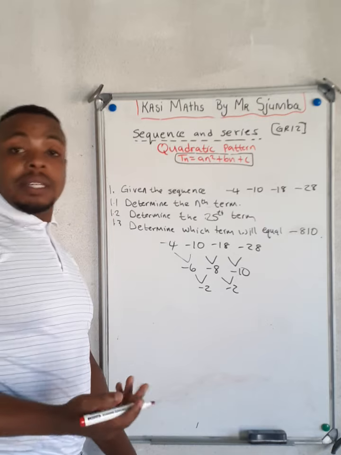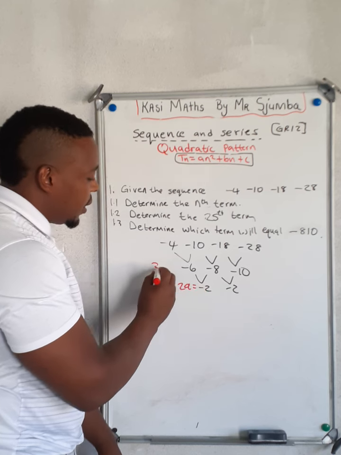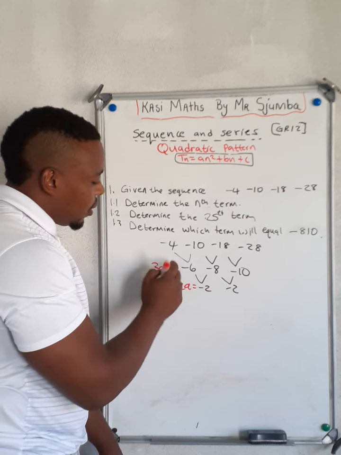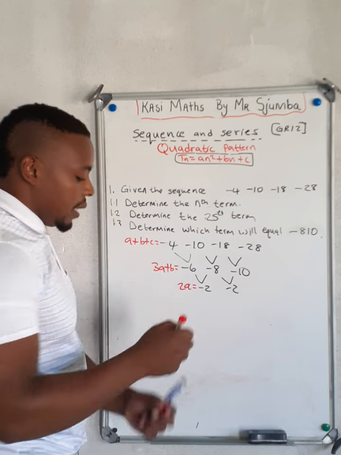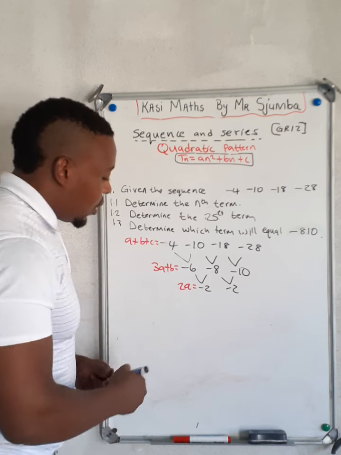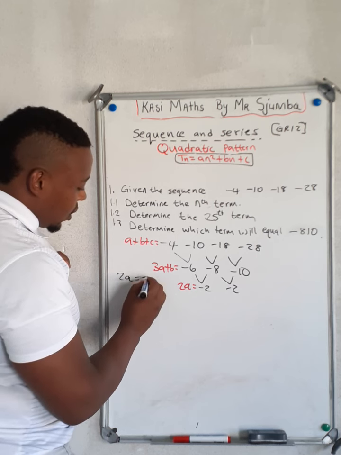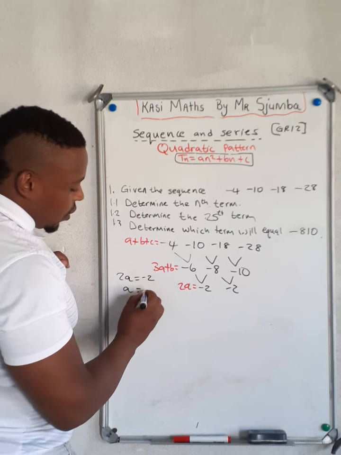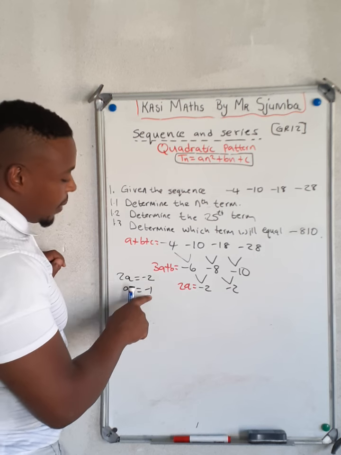So for the quadratic, we say 2a will equal that, 3a plus b equals that, a plus b plus c will equal this. So now 2a equals minus 2, a will equal minus 1, because divided by 2, divided by 2, it's minus 1.